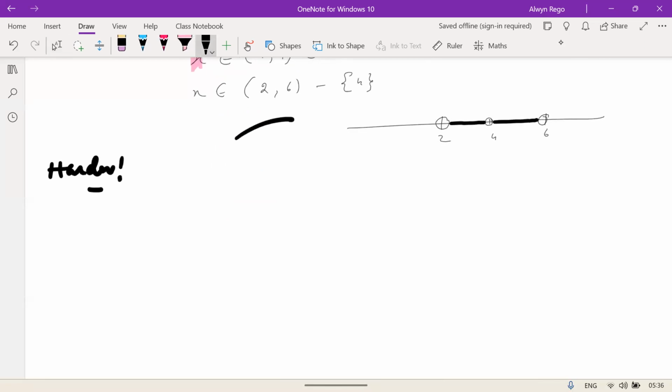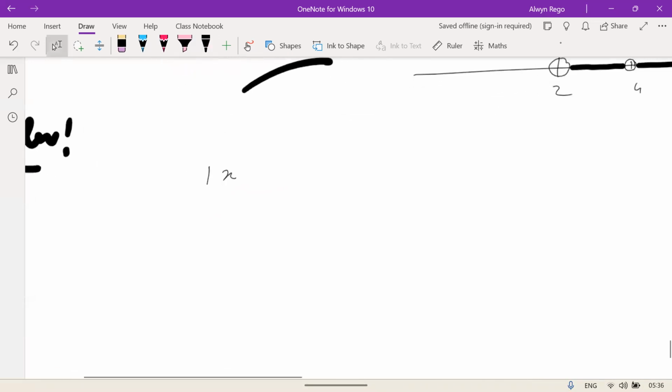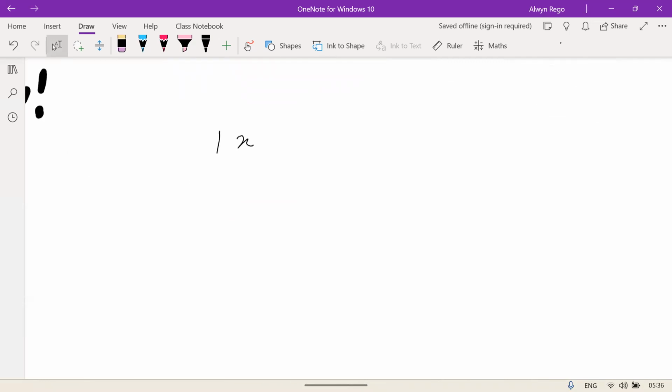Let's say you have absolute value of x minus 1 plus absolute value of x minus 2 is more than or equal to 4.